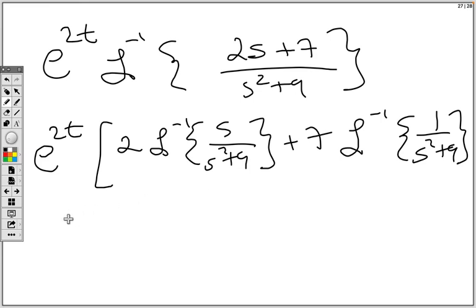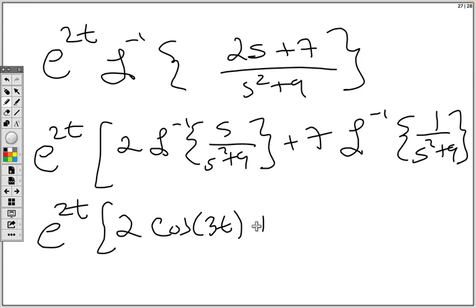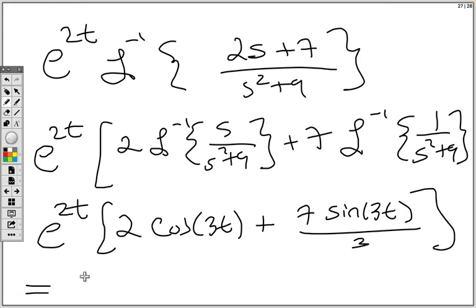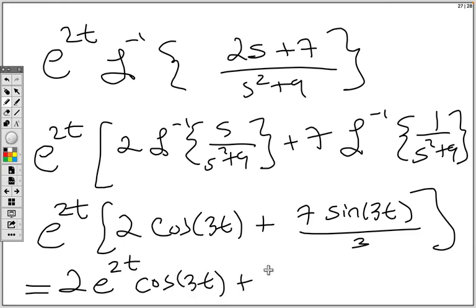Frequency is root 9, which is 3. Same thing here. We don't have an s, so it's a sine. If I took the Laplace of sine, I'd be multiplying by 3, so we divide by 3. It's up to you how you want to write this. I guess you could distribute through if you wanted to. Okay, there it is.